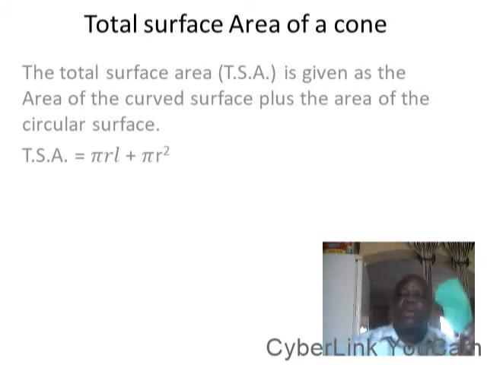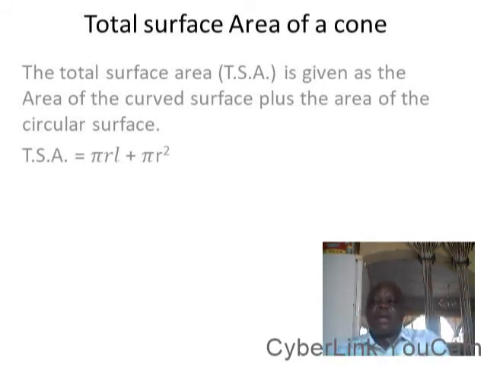Now, recall that the area of a circle is what? Pi r squared. You have seen it in the formula. Then the curved surface, we have just explained that is what? Pi r l. Therefore, the total surface area of a cone is given as pi r l plus pi r squared.